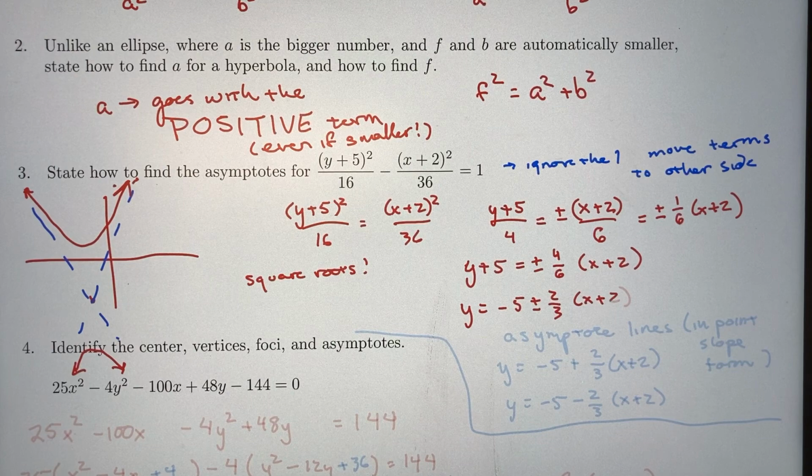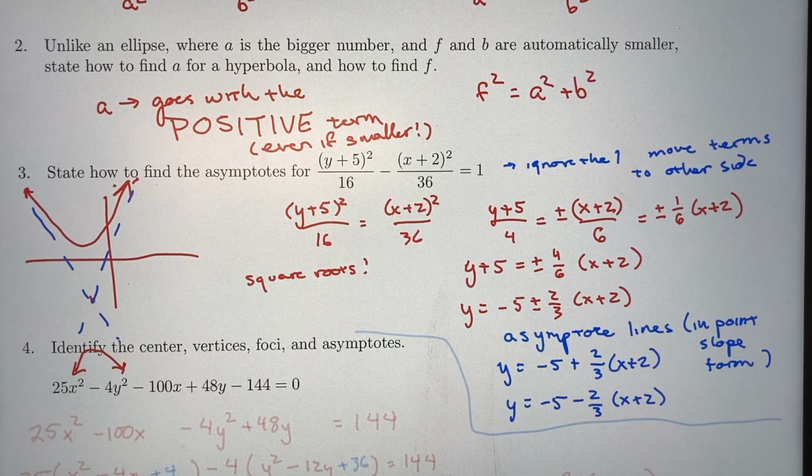They're both called point slope form. So I have two different lines, and I want to write the two different lines. So the asymptotes are going to be y equals negative 5 plus 2/3 times x plus 2, and y equals negative 5 minus 2/3 times x plus 2.